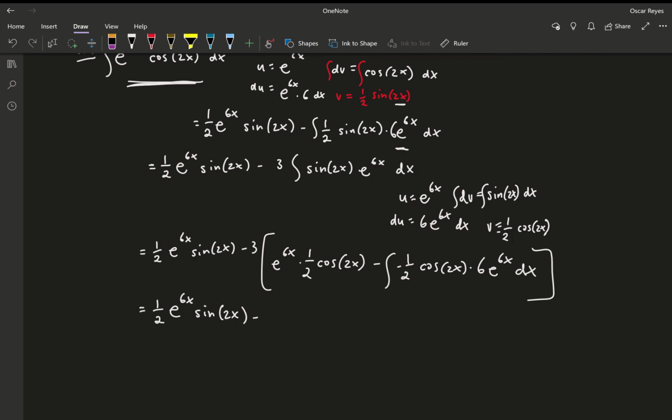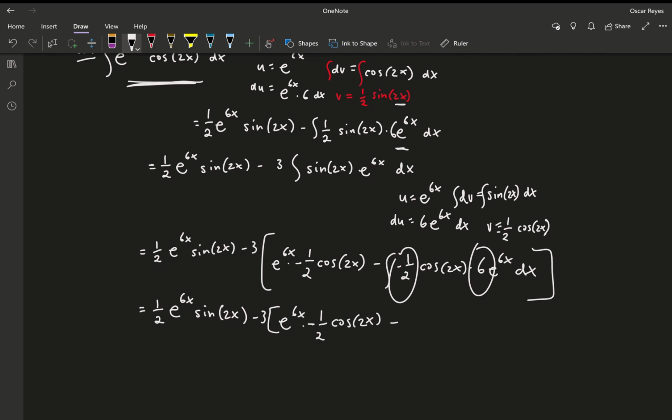And then if we throw that in there, well, first let me just do this, e to the 6x times 1/2, and this should actually be negative, because we had our negative here, cosine of 2x minus, well, again, we have 1/2, negative 1/2, and 6. So multiply those, we're going to get a negative 3.